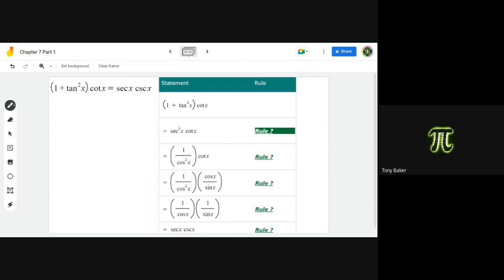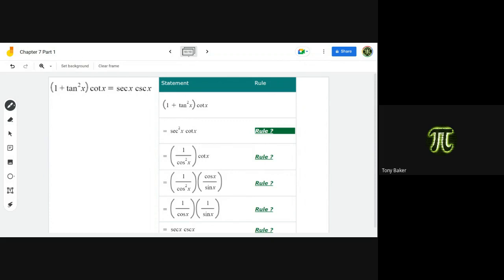All right, so we got secant squared x cotangent x. What do they do in the next step? Yeah, they use the reciprocal identity. When you're going through and doing this by yourself and actually having to write out all the steps, you're going to want to combine steps.